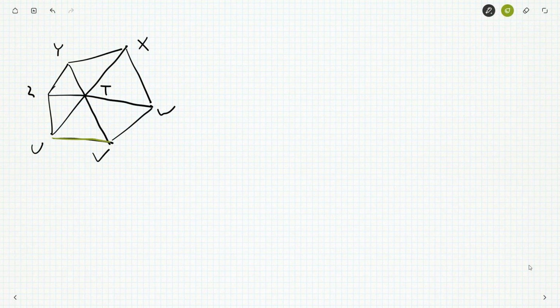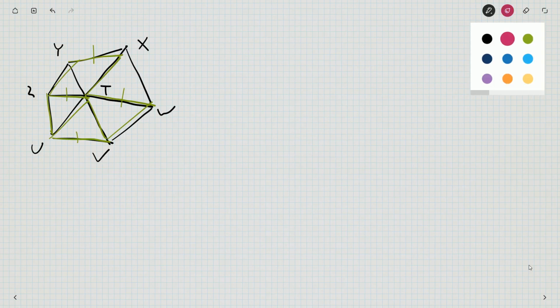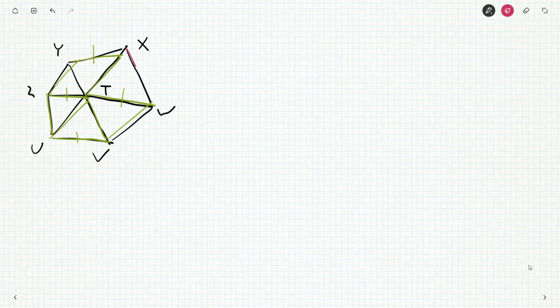Now, let's use a little color. I can show UV and ZT, because it's a parallelogram, these guys are the same. And so is TW. Again, parallelogram. And then more parallelograms would show that XY has to be the same length. There's no, I don't think I can show it's equilateral, but I can at least show this property using parallelograms.